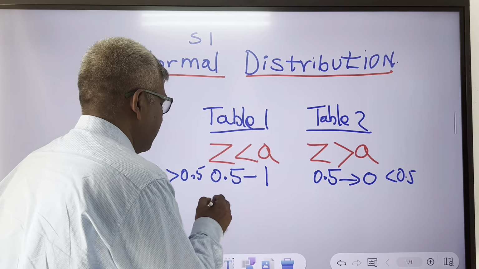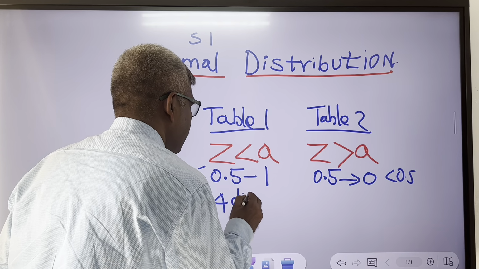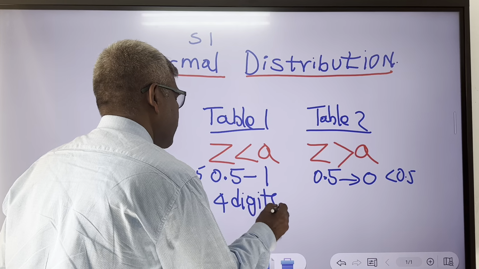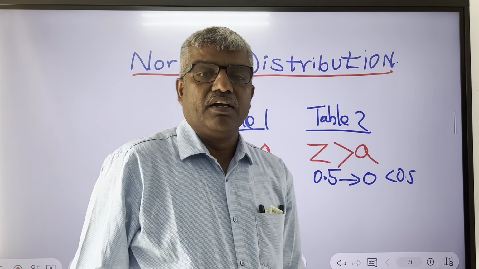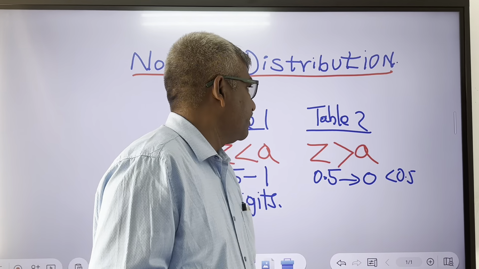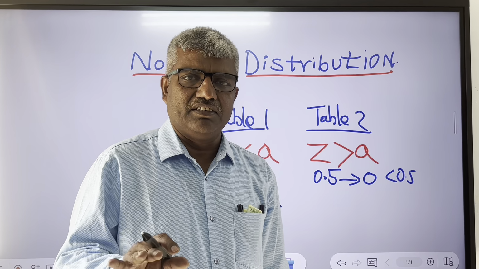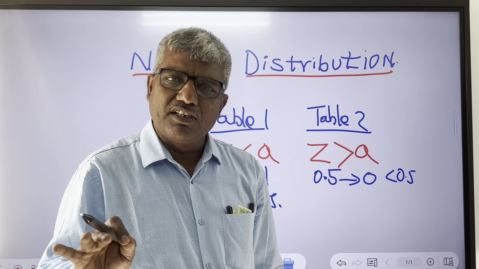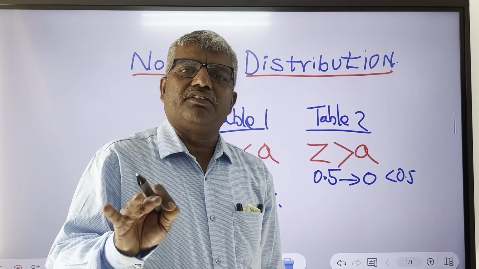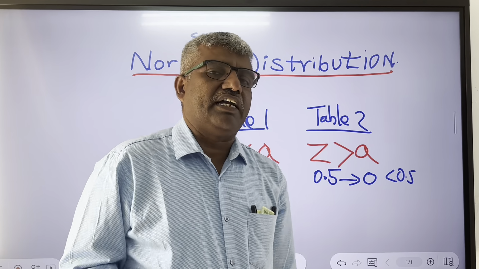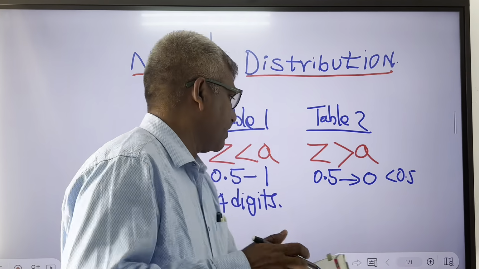There will be 4 digits after the decimal. In Table 2, it is rounded: 0.4, 0.3, 0.2 or 0.01 or 0.25, 0.15, like that. So it is rounded.